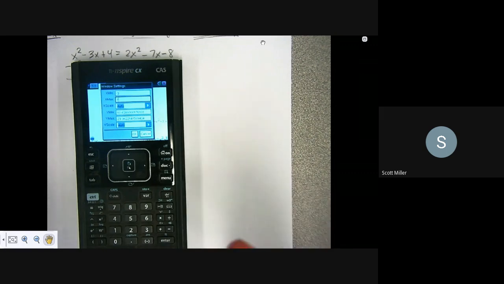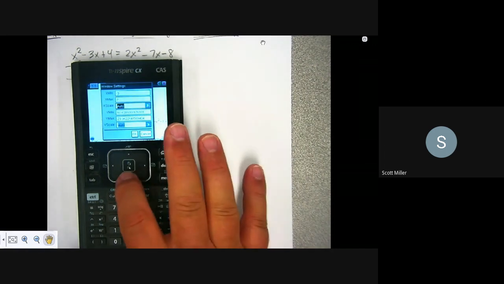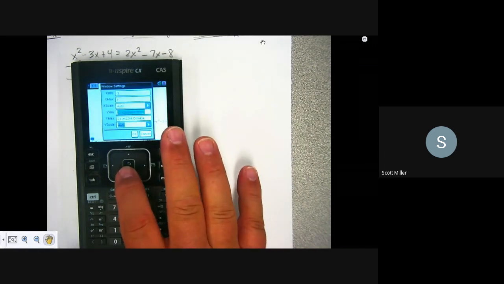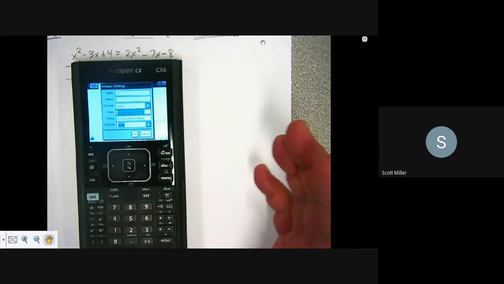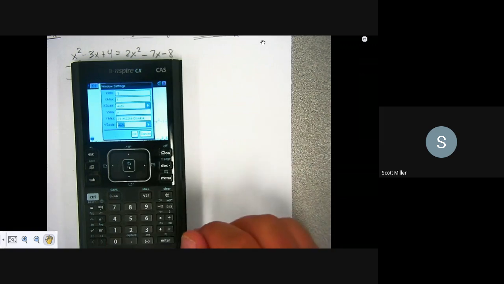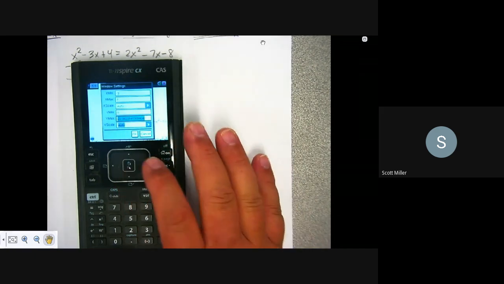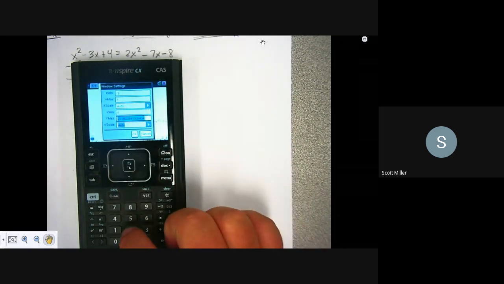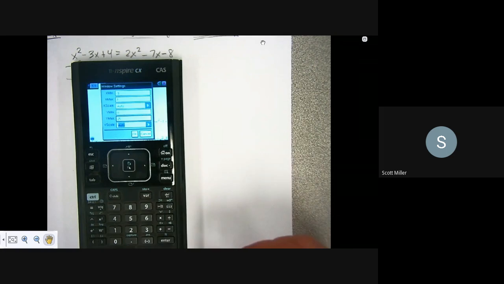We saw when we graphed it that they're going to intersect way up there on the y-axis, correct? So when I go down here to the y-axis, just leave that as auto. I don't need a lot of y-axis stuff. I can just start it at 0. And I don't know where it is up there, so maybe I want to go a little high. It's at 23. Let's just go to 25 and see if that does anything for me.